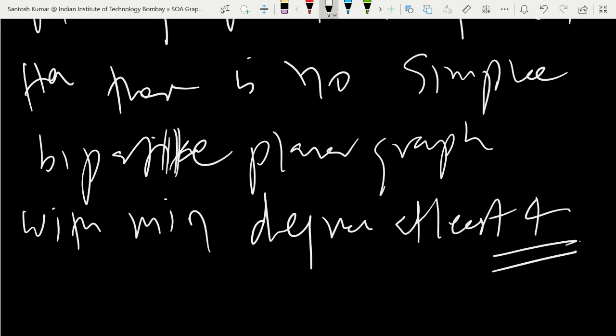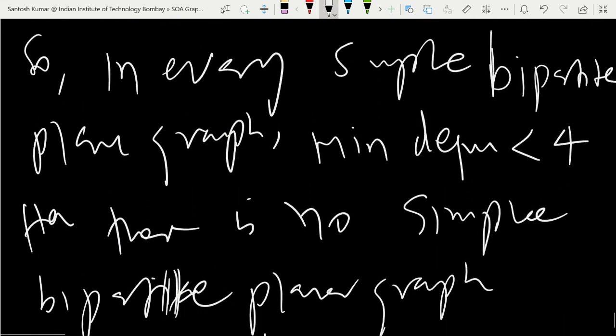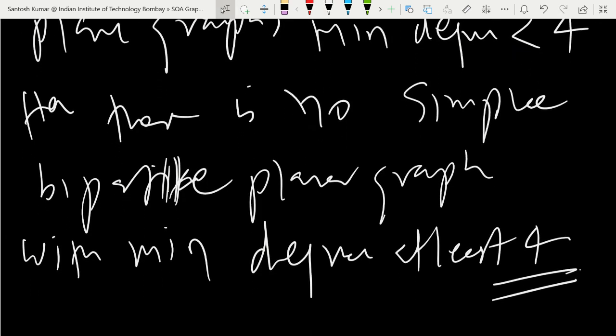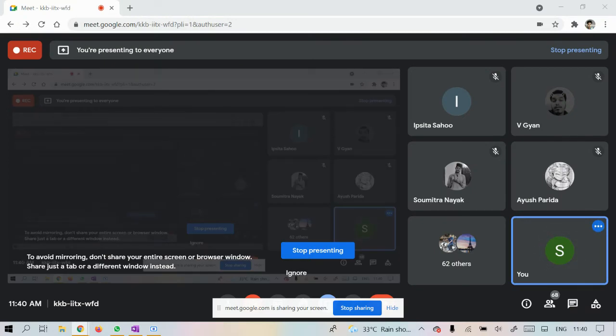There is no such graph, because in every such graph the minimum degree is going to be less than 4, so it cannot be 4 or more. Till now, do you have any doubt? No, sir.